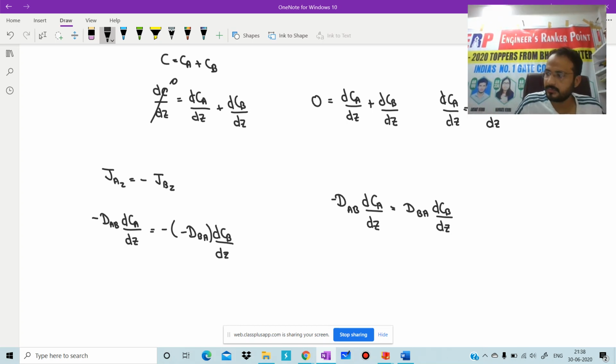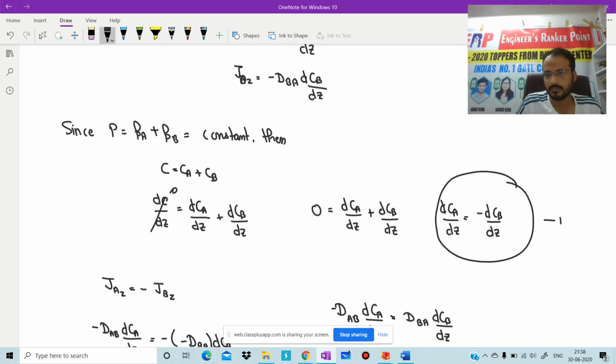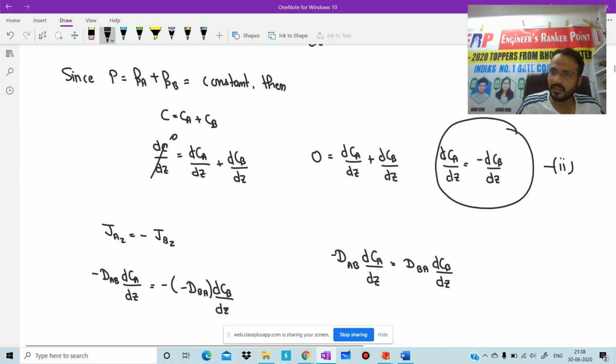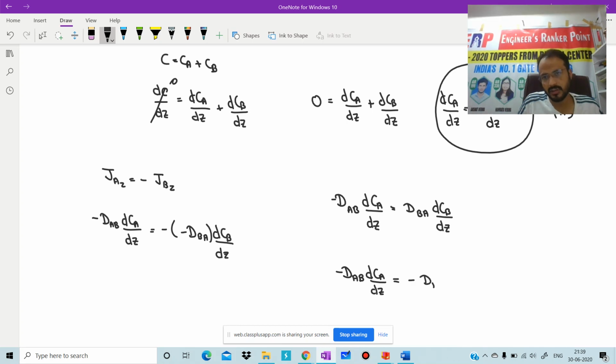From this equation, which one? Assume it is our second one. Put this in this equation, we will get minus of DAB DCA by DZ, minus of DBA into DCA by DZ.